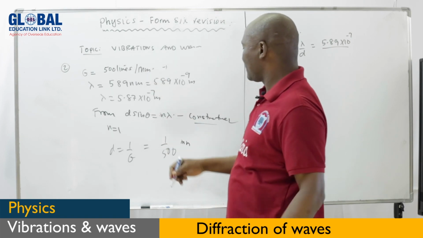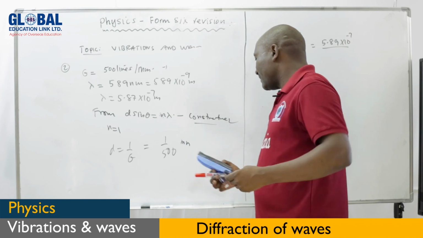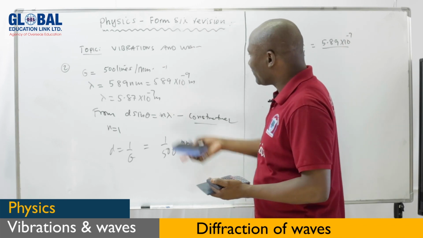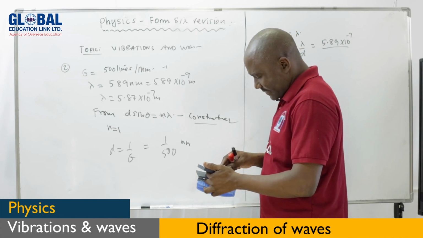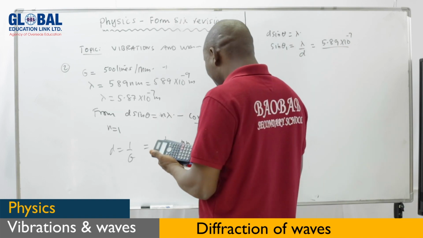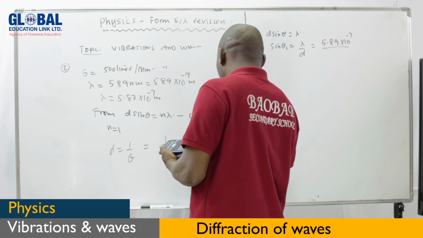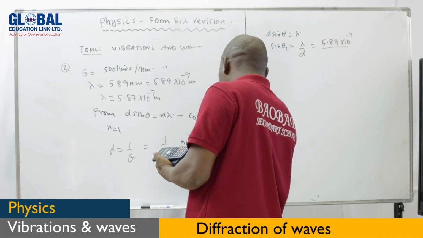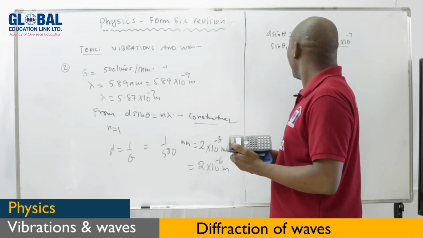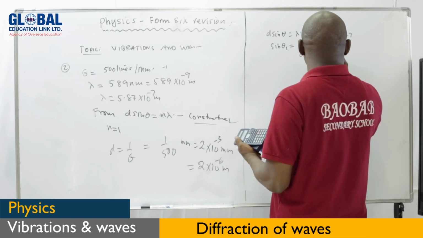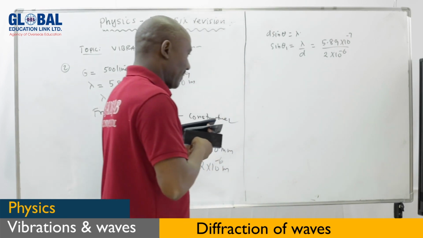The reciprocal of 500 is 2 times 10 power negative 3 millimeter. If you convert into meters, 2 times 10 power negative 6. So small d is known now, and you plug it into the formula as 2 times 10 negative 6, so that you can find the angle.